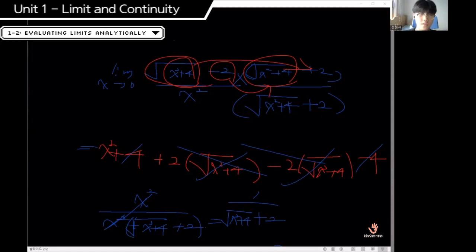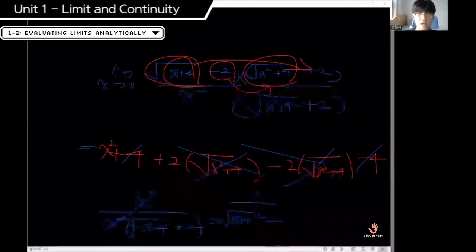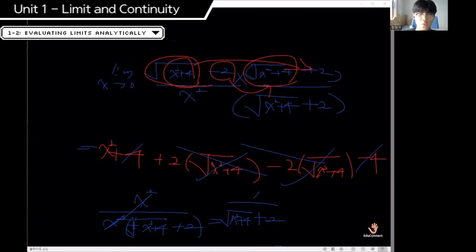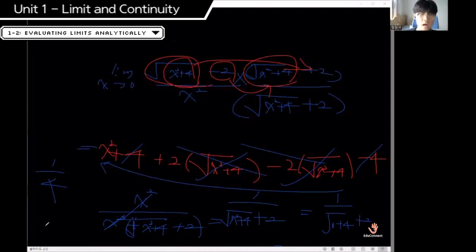Now we can use direct substitution because I got rid of that x in the denominator that was causing a problem. So when I plug in 0 into our function, we get 1 over the square root of 0 plus 4 plus 2. So we're left with 1 over 4. So the limit of our original problem is 1 over 4.